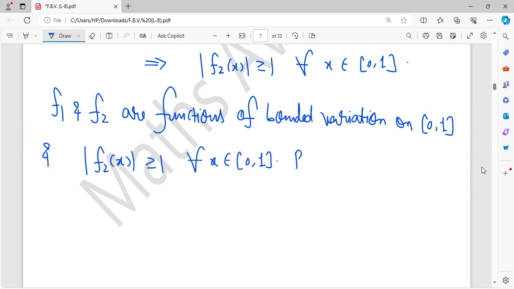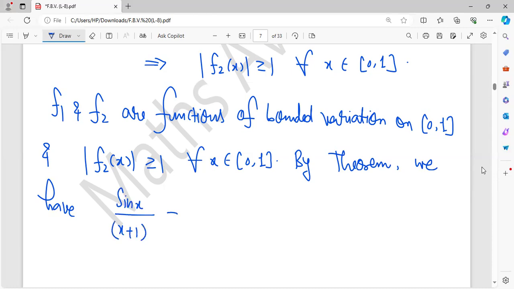So by the theorem of this lecture, we have sin x upon x plus 1. What is that? That is f1(x) upon f2(x).